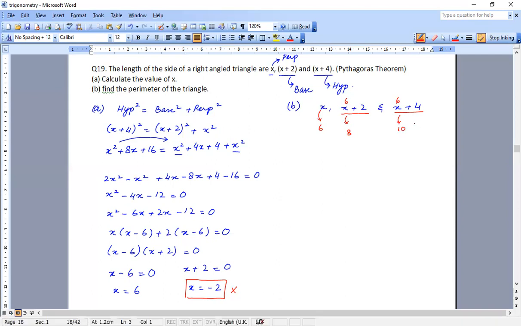You can show proper working steps for the calculation of the length of the sides, but there is no need as such. I'll just write 6, 8, and 10. I'll add them for the perimeter. 6 plus 8 plus 10, perimeter is going to be 24 units. That's it. This is question number 19 for the parts.